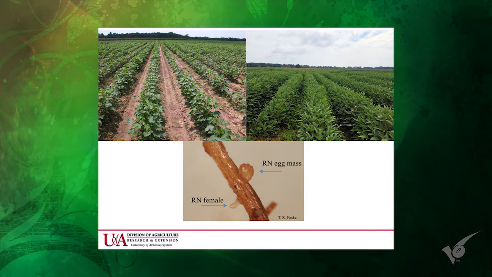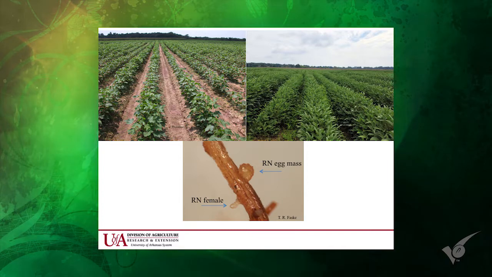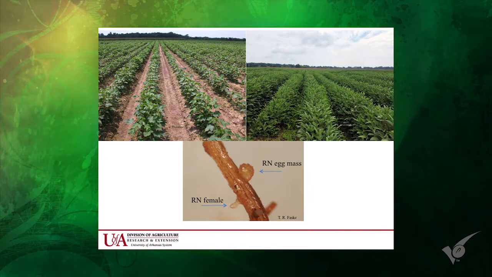In deep sands with a water stress situation, those symptoms will be more dramatic. The image with the soybean plants is a high population of reniform nematode. It just doesn't seem to have that same dramatic appearance on soybean as it does on cotton.